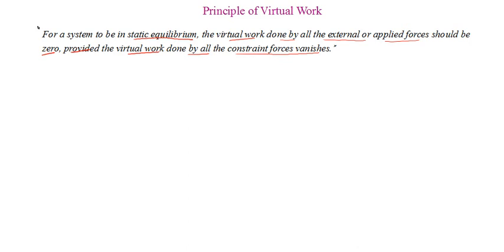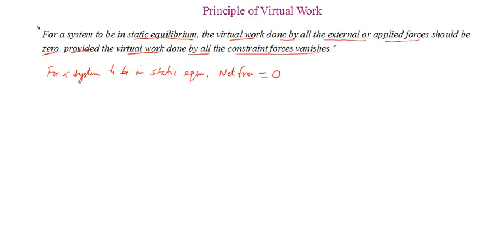For a system to be in static equilibrium, the net force should be equal to what? 0, right? The resultant force should be equal to 0. Then you can say that it can be in static equilibrium, that the net force on the system is vanishing.